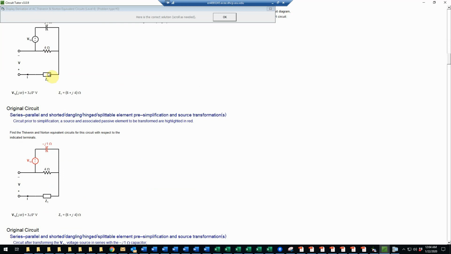Having done that, then we can no longer combine anything in series or parallel. And one thing to point out is that when you have terminals, do remember that if, for example, this happened to be a passive element, it would not be in series with this one. The reason is that these terminals imply that we have some sort of other circuit connected out here, which means that current will flow.